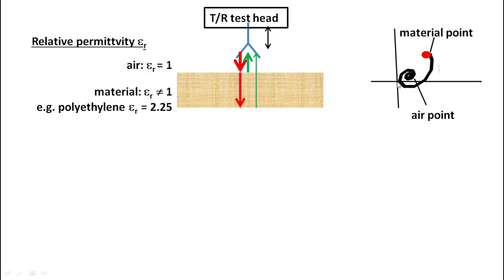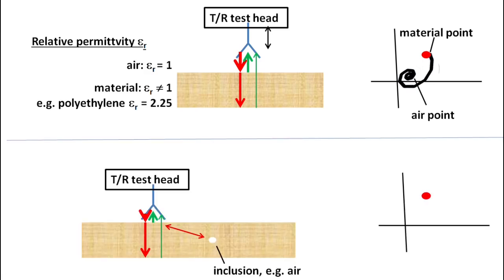Then, as we have already learned, we have a spiral when we move the test head and the antenna towards the surface, and when we have the antenna just on the surface, we have what we might call the materials point.